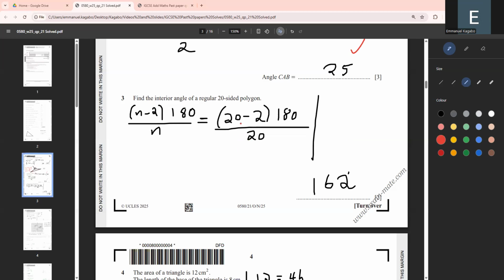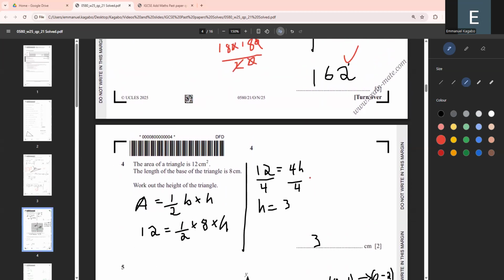This is 18 times 180 divided by 20, and the 0 cancels with 0. Then 180 divided by 2 gives 9, and you multiply and get your answer, 162 degrees.